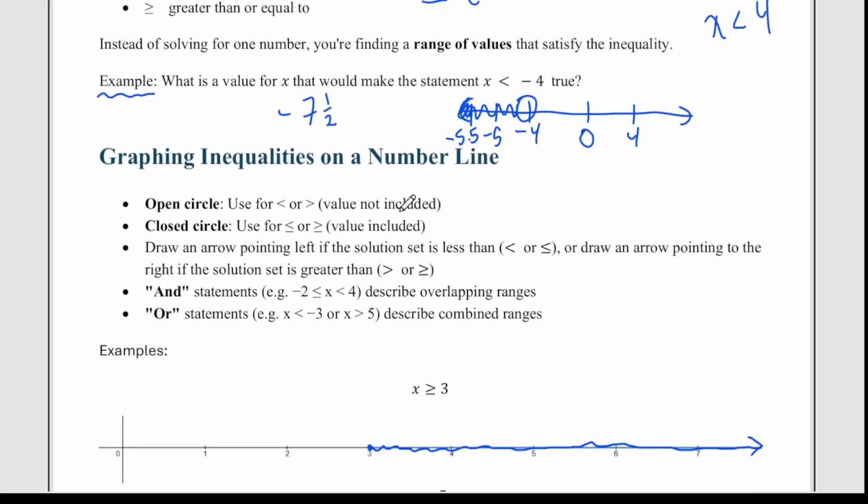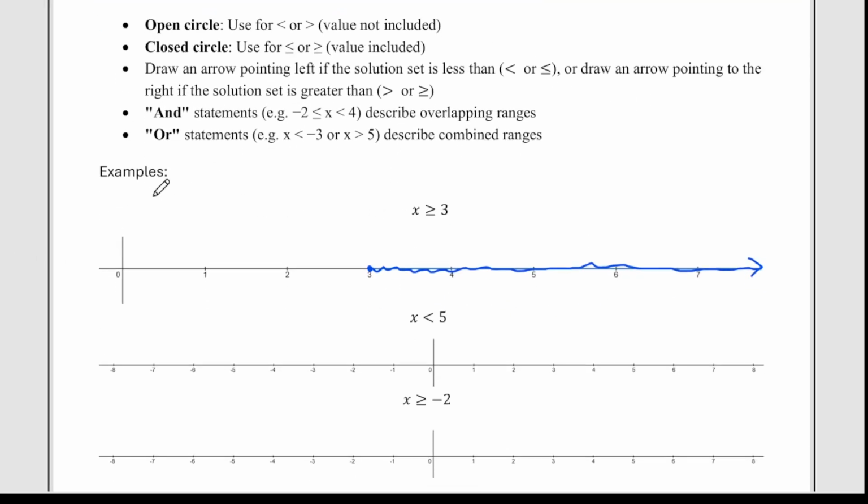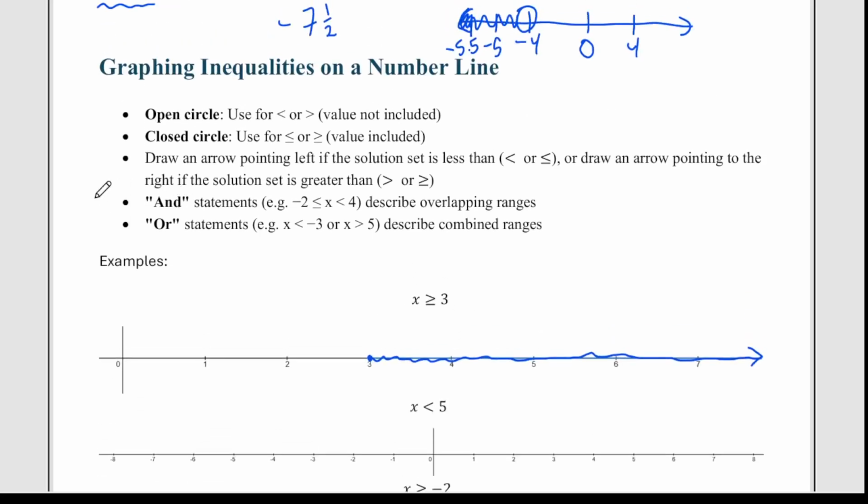Now this graphing I just did, there's actual logic on how you do that. To graph inequalities on the number line, this is actually standardized. You use an open circle if it is not allowed to equal that number, so if you're using either just the strictly less than or strictly greater than symbol, and you use a closed circle if you are allowed to equal that number, so the or equal to symbol.